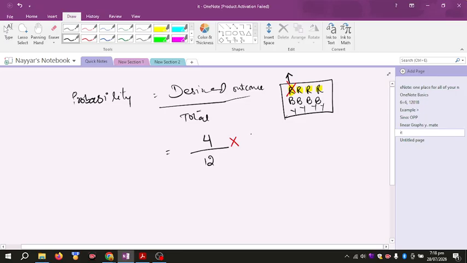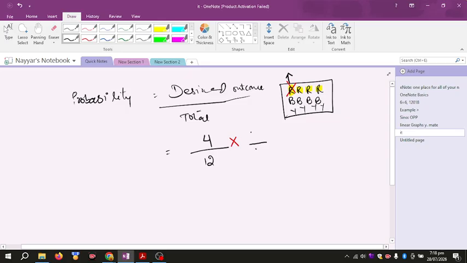You are again taking out the red counter, because they have told us in the question that you have to take a red counter. So now what is the probability of red? We have taken out 1, right? So now how many are the total outcomes?